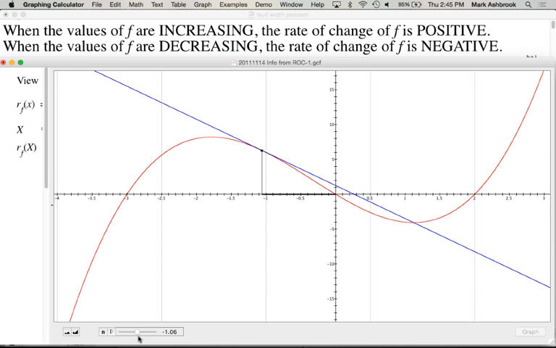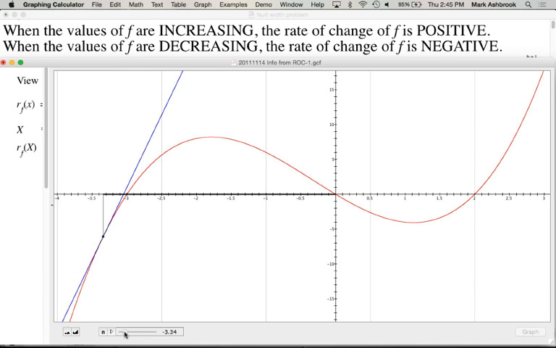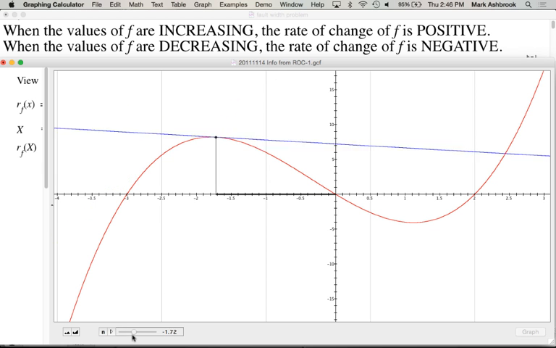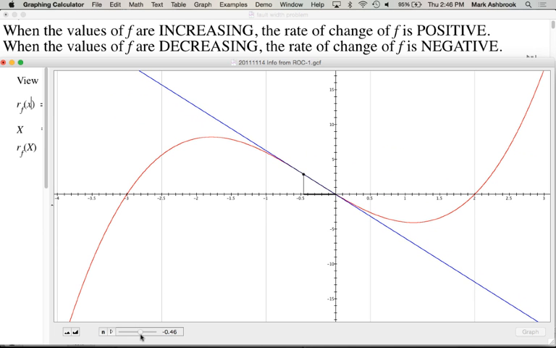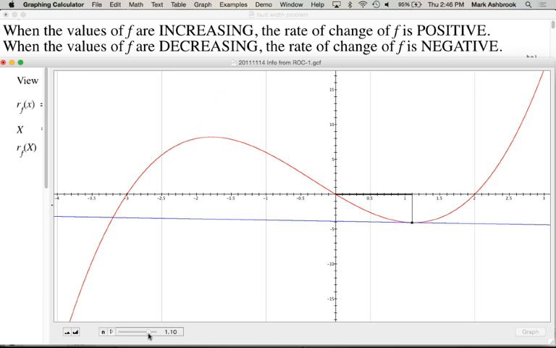Look at the blue line. Decreasing rate of change means that blue line is turning downward. It's turning down less. The rate is decreasing. And then what happens? Right about here, now the rate of change is increasing, right?